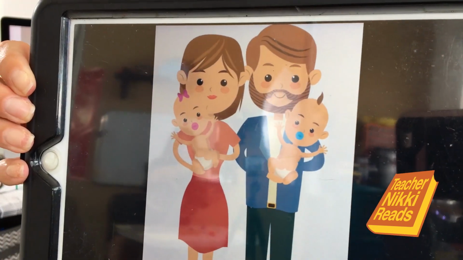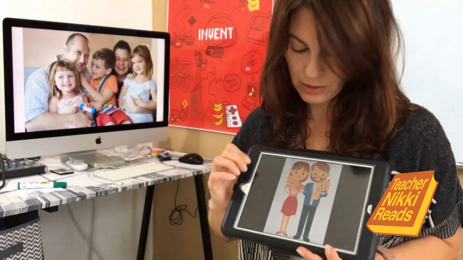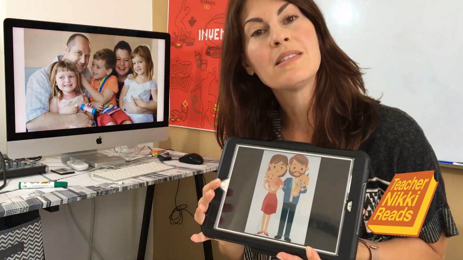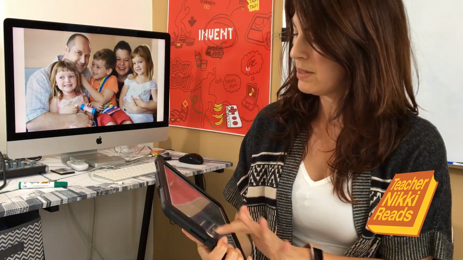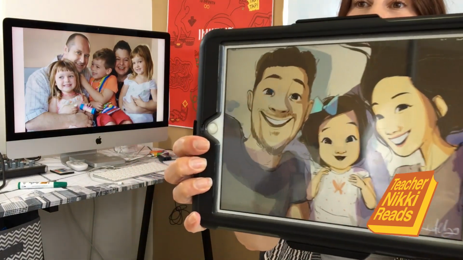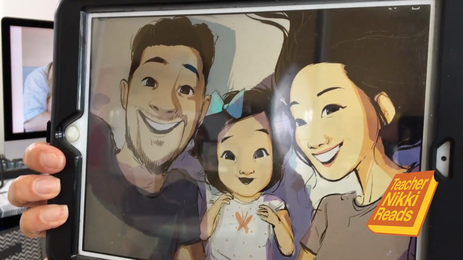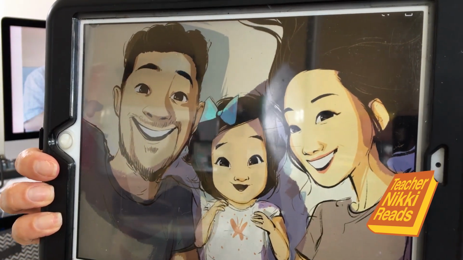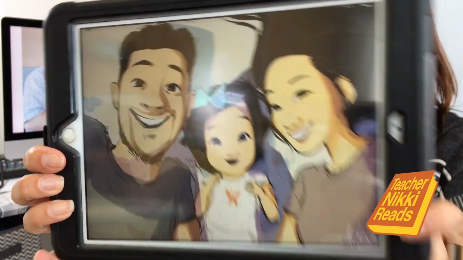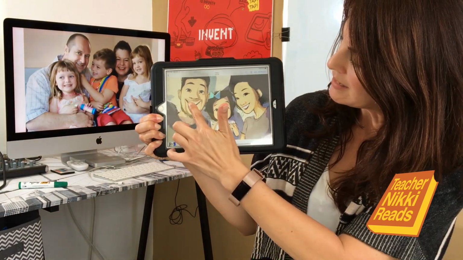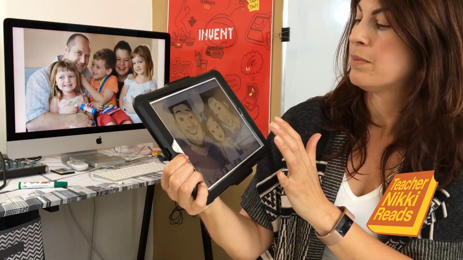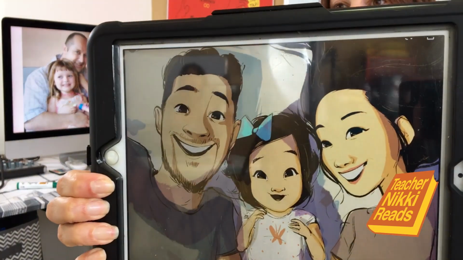This could be mom and dad. And it looks like they have two babies. Oh, I like this picture of this mom and dad and their daughter. Okay, we have mom and dad and the daughter. They look super happy.